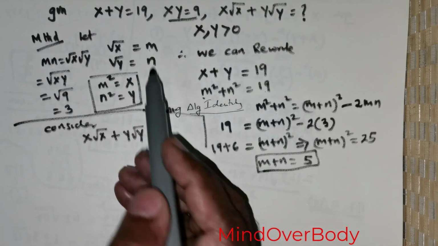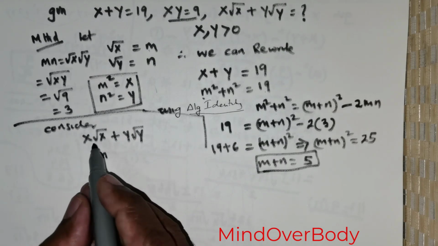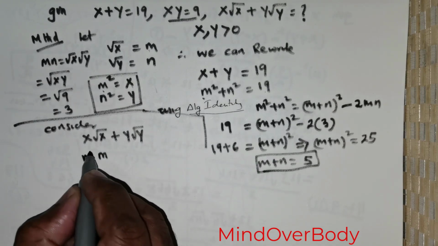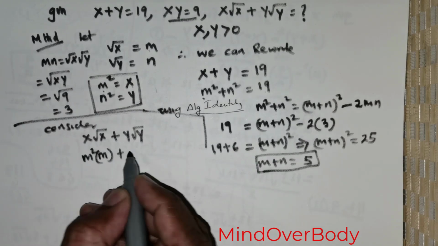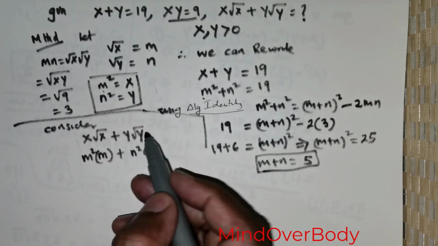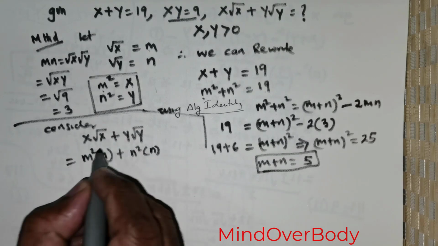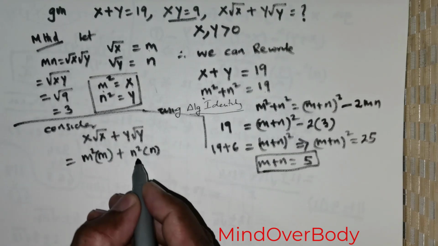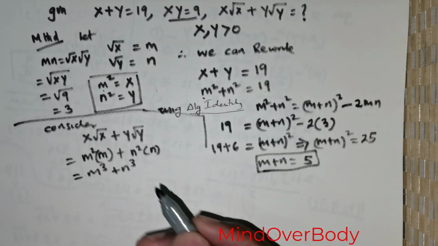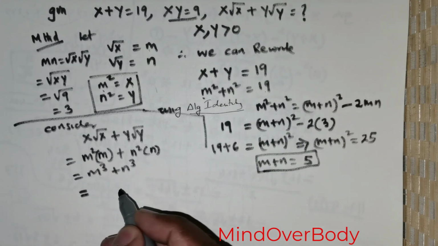Root of x is m, and I've got an x. My x is nothing but m squared. Plus, immediately my y is n squared and my root of y is n. So I now have x times root of x plus y times root of y as m cubed plus n cubed, right?